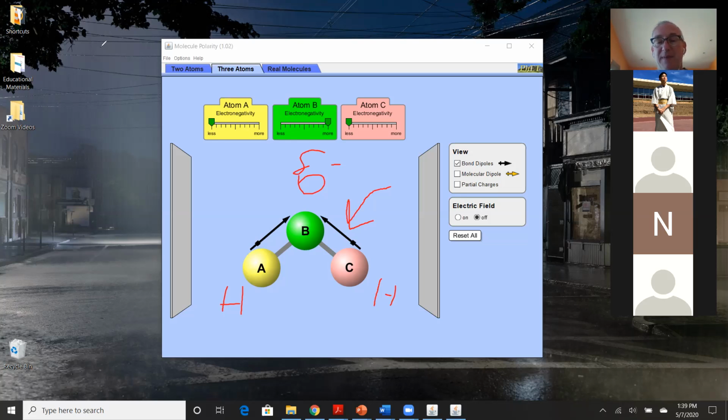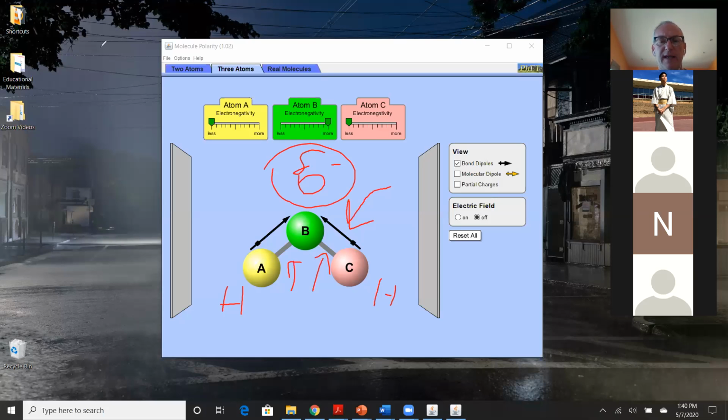It's going to have an even higher partial negative charge because it's pulling this pair of electrons from this hydrogen, and it's also pulling on that pair of electrons. So it's pulling on 2 pairs of electrons, so 4 electrons in total. So the charge of this oxygen is going to be a little bit higher than if it just had a single hydrogen bound to it, okay? That's why water is so polar, because oxygen is pulling on both those bonds.